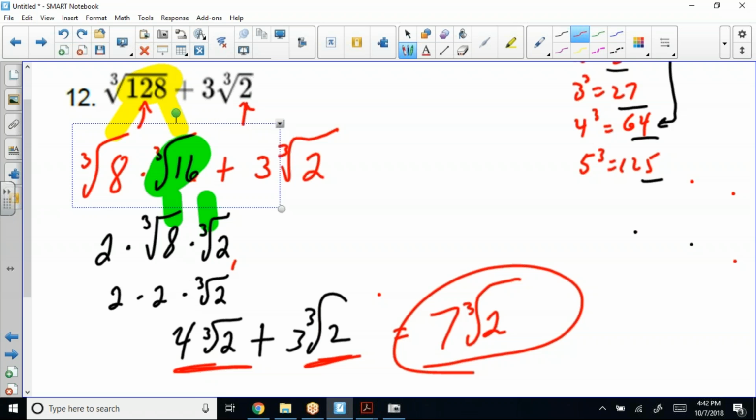If you have a MultiView, then I think you can type in the cube root of 128 plus 3 times the cube root of 2 and hit enter, and it should give you 7 times the cube root of 2. It should be able to do that.